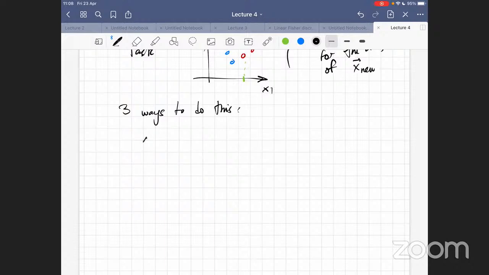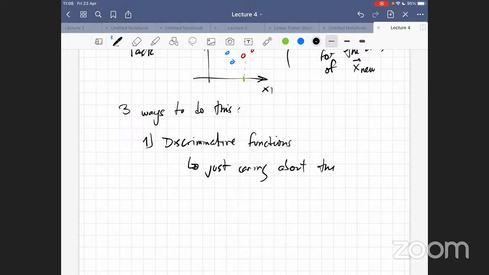The first one is called discriminative functions. The idea here is just caring about the decision boundary.